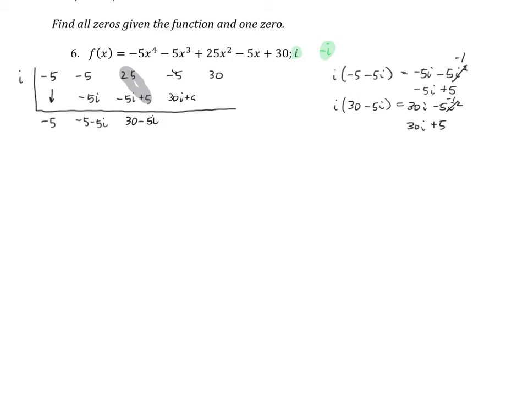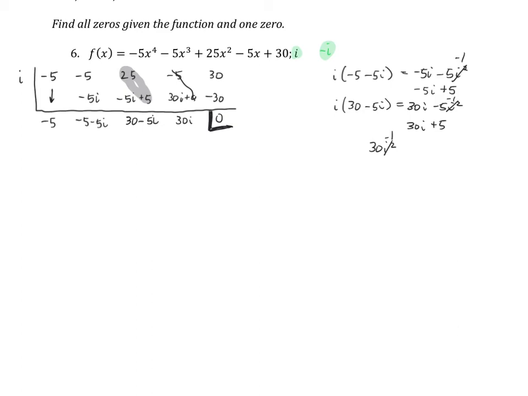So negative 5 and 5 cancel out, so I'll just have 30i. Now I'm going to have i times 30i, which is 30i squared. So that's 30 times negative 1, which is negative 30. And then that's 0. Remember, we should expect a remainder of 0 because it told us that i is a 0.